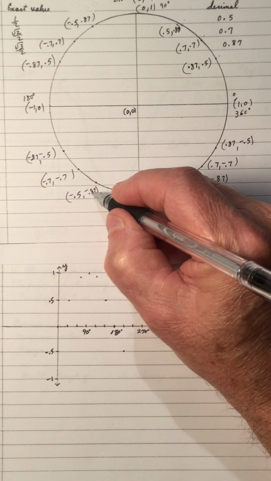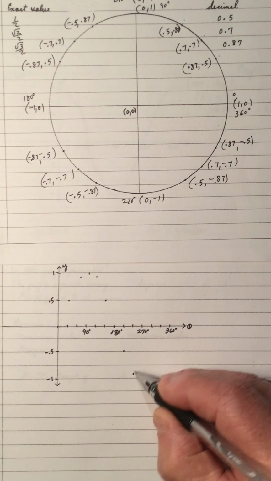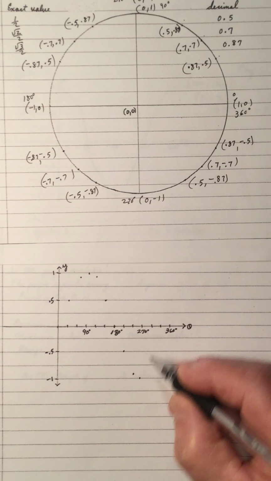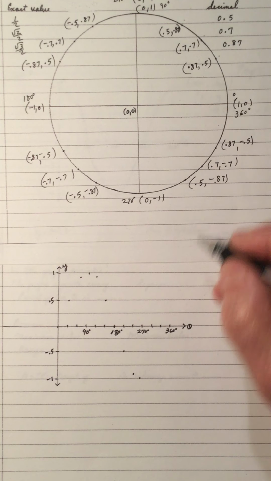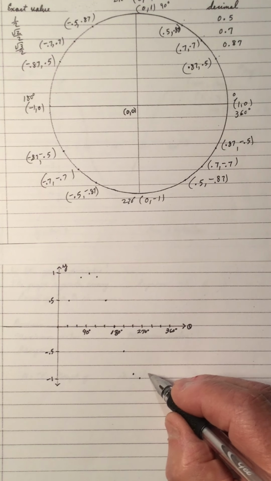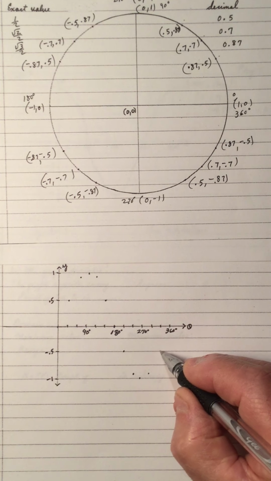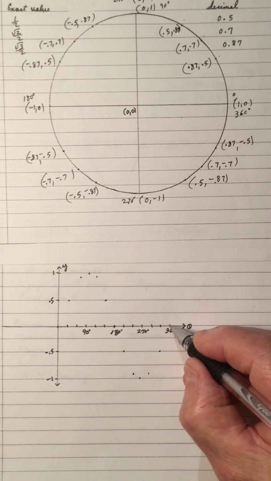Then the y is -0.87 right here. And the y is -1 at 270. Then the y starts to go up, -0.87, and -0.5. And then back to 360 degrees, the y is 0.